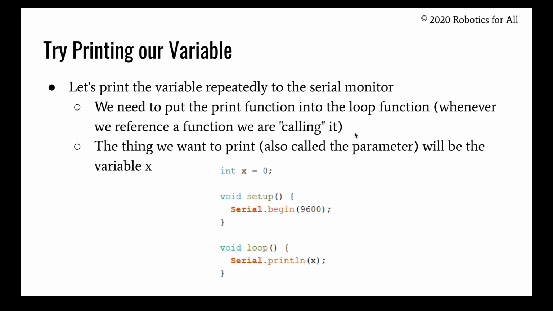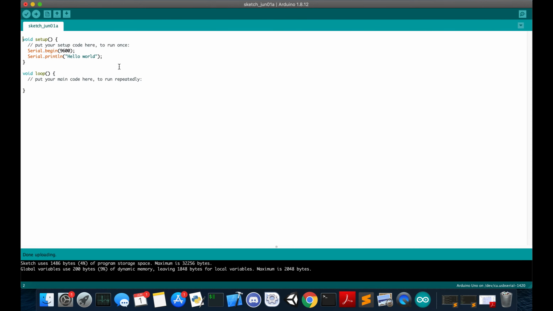Let's try printing out our variable. Outside of the setup function, write int x equals 0. Then in our loop function, we could Serial.println x. Notice how there's no double quotes. That means it'll print the actual value of x instead of the letter x.